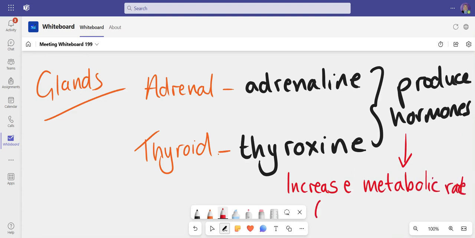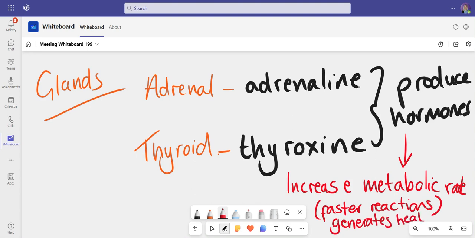And all that means is that we get faster reactions. Your metabolism is all the reactions that happen in your body. Okay, and by making reactions happen faster, we release more heat. Okay, so just like when we have faster respiration, it generates heat, faster reactions are going to generate more heat as well, which will help warm you up and get you back up to that 37.5 degrees C.